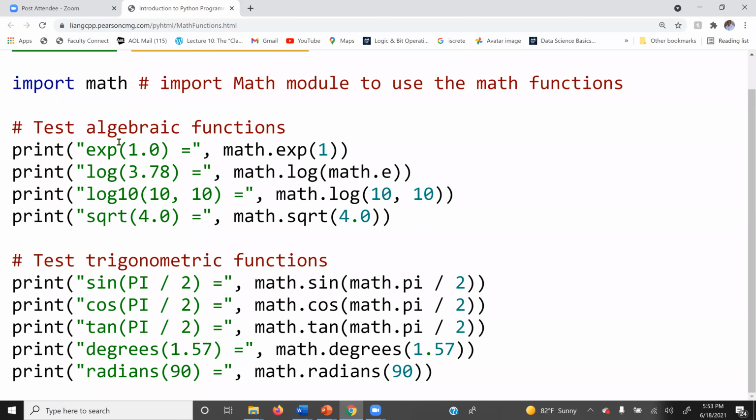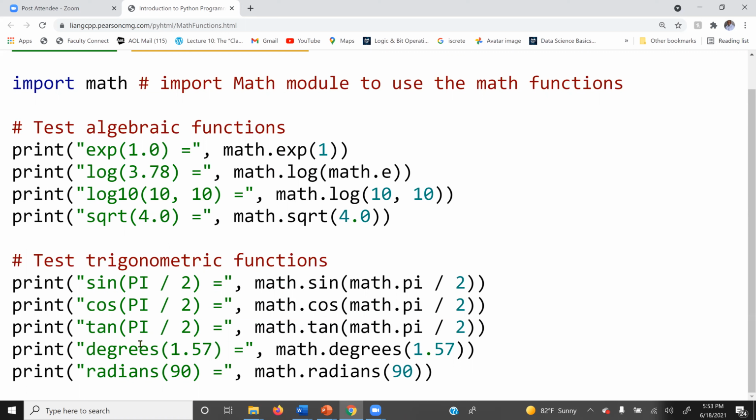Now first we're going to test some algebraic functions. We say print exponential of 1.0. So we just want to find the exponential of 1. Second, log means the natural log. So find the natural log of 3.78, or find the log base 10 of 10, or find the square root of 4.1.